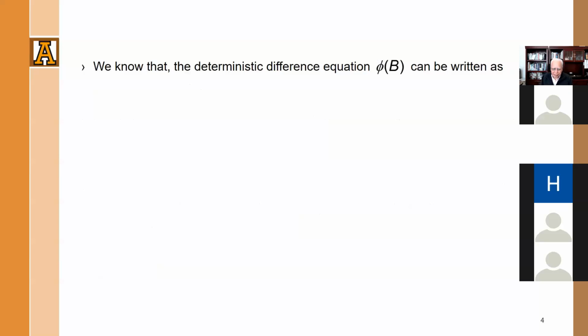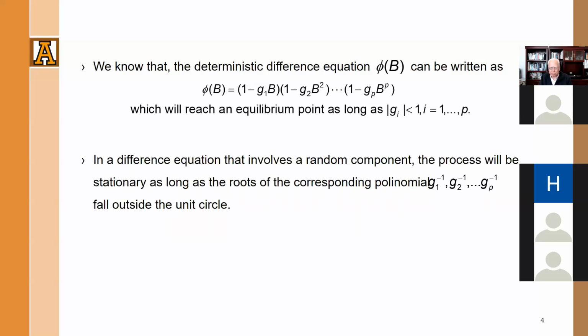In the deterministic world, I'm ignoring here the random component, any difference equation phi of b, which is 1 minus g1b minus g2b squared and so on, can be expressed as (1 minus g1b) times (1 minus g2b) ... times (1 minus g sub p b) to the p. Now, g1, g2, and g sub p are the roots of this equation, right?